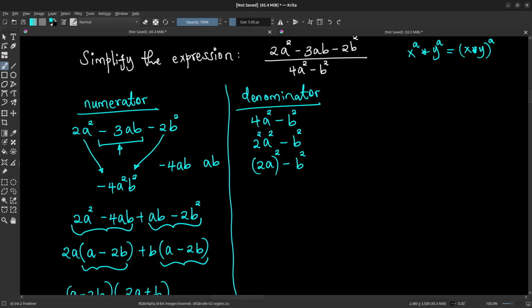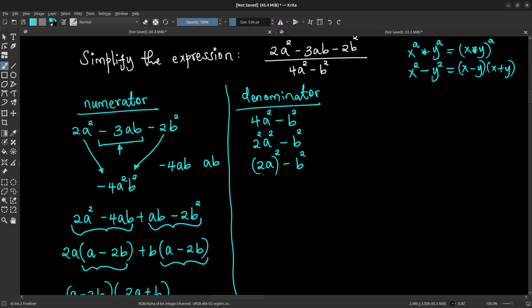Now notice, this is a difference of two squares. The first square is 2a squared, and the second one is b squared. So remember that anytime you are given x squared minus y squared, this is the same as x minus y times x plus y.